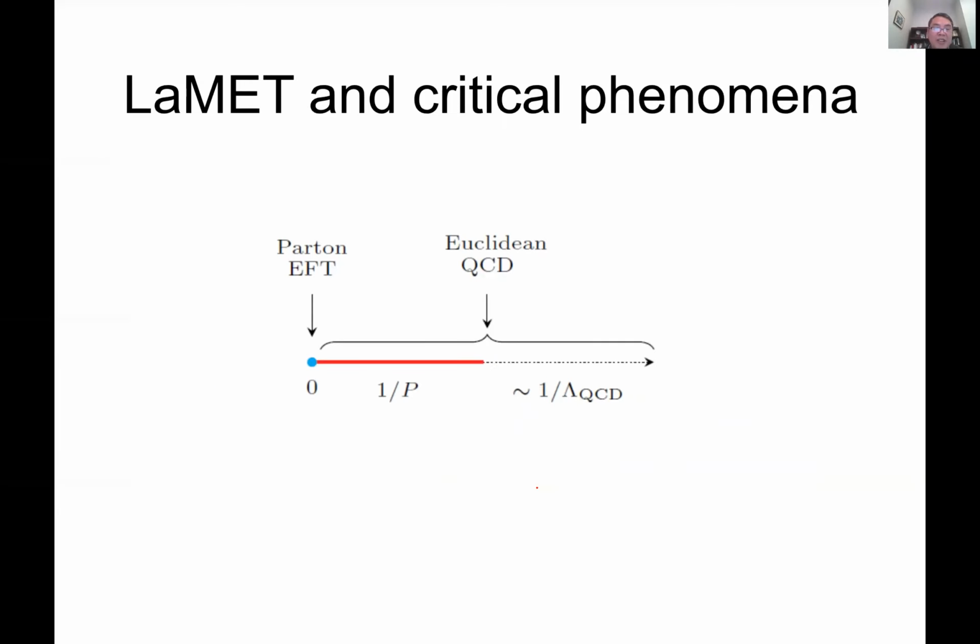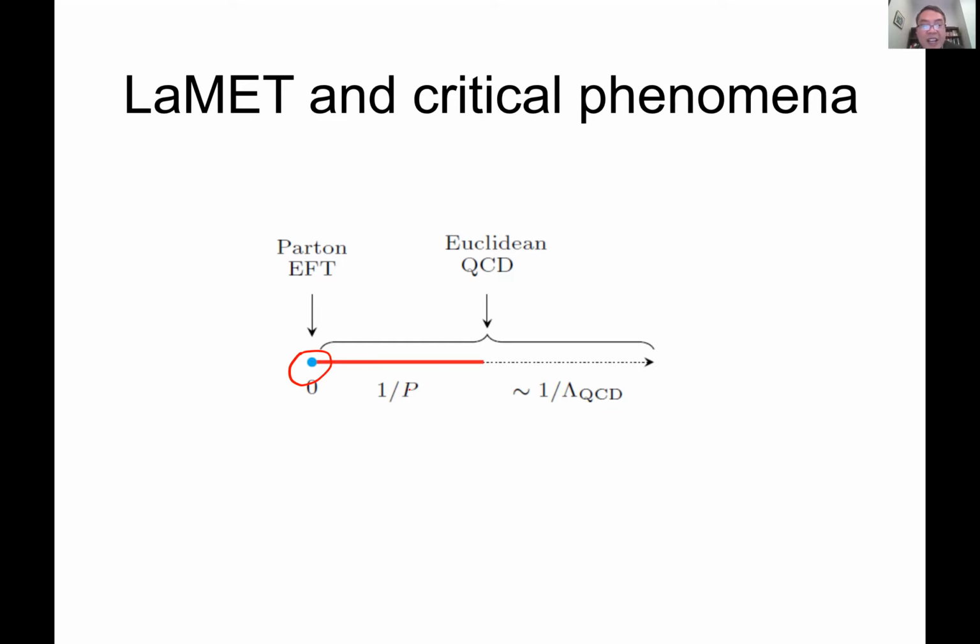Again, let me make an analogy of PDFs and our parton physics with critical phenomena. What I draw here is 1 over the momentum, and as momentum goes to infinity, you go to the critical point, so you access the critical point physics through a finite P. That is just like a condensed matter physicist, who studies critical point physics by looking at systems close to the critical point, not exactly at the critical point.